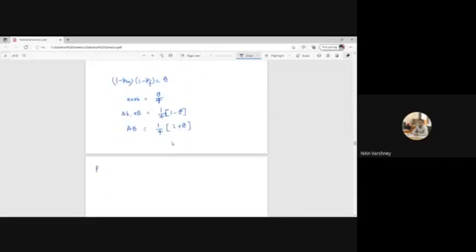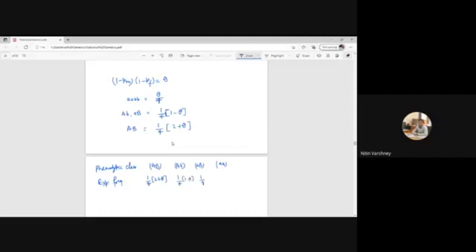So now I can write here the table. Phenotypic class is AB, Ab, aB, ab, and our expected frequency, this will be 1 by 4, 2 plus theta, and this is 1 by 4, 1 minus theta.